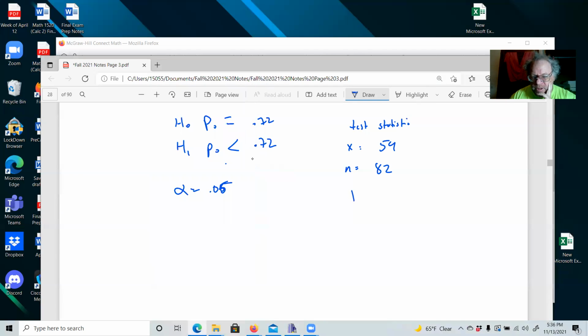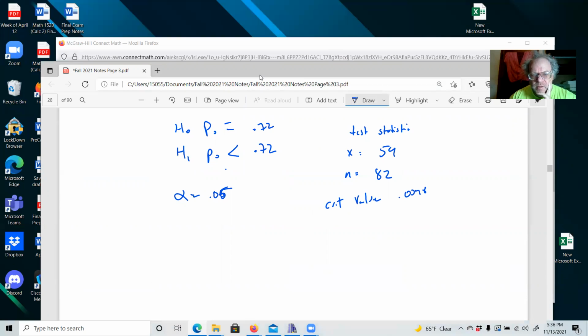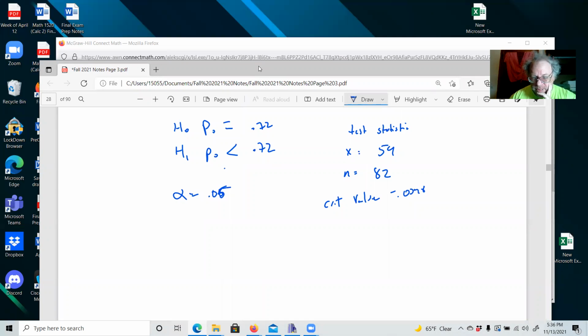So our critical value, 0.0098, that's my z value. Negative, for what it's worth.